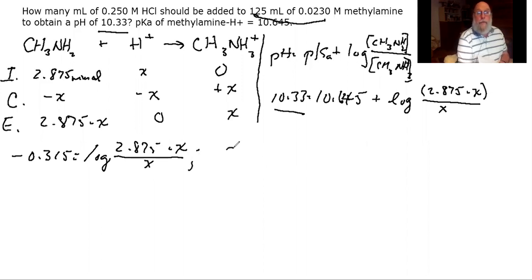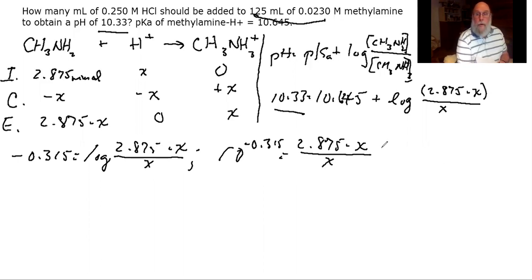So 10 to the minus 0.315 equals (2.875 minus X) over X.